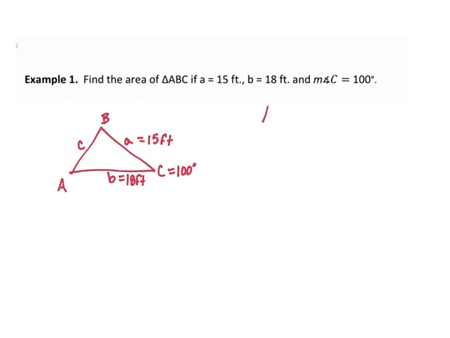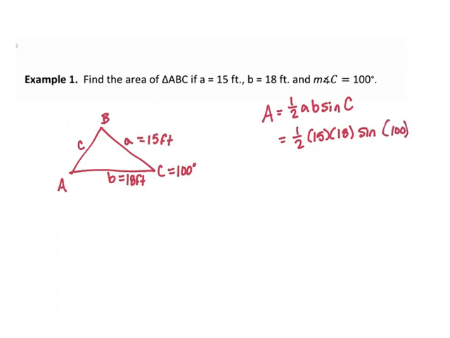So here's our equation again. This is probably something that you want to know off the top of your head, but obviously you're just learning it right now. So look back at your stuff, write that formula down again, but make sure you're kind of starting to get that to where you remember it, okay? So our area is going to be 1/2 A, which is 15, B, which is 18, sine of C, which is 100.